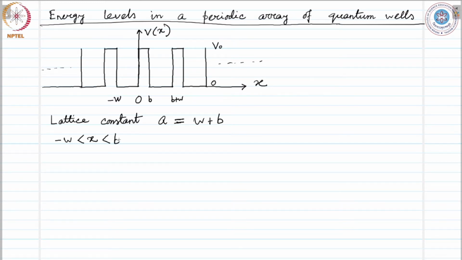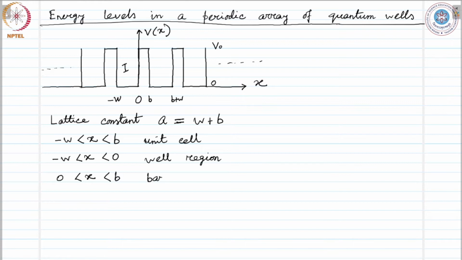So within the unit cell we have the well region, that is minus w less than x less than 0, let's call it region 1, and then there is the region 0 less than x less than b, this is the barrier region, and let's call this barrier region as region 2.